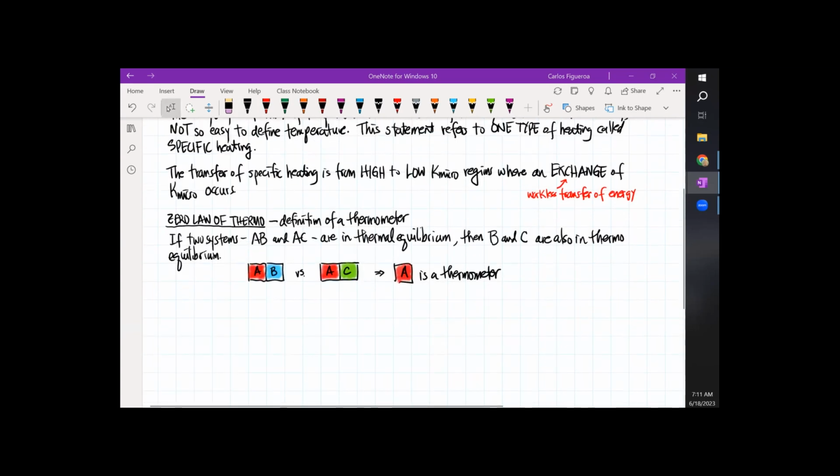Now, other than that, it's not that much more than that, but I can say that there are three common temperature scales.